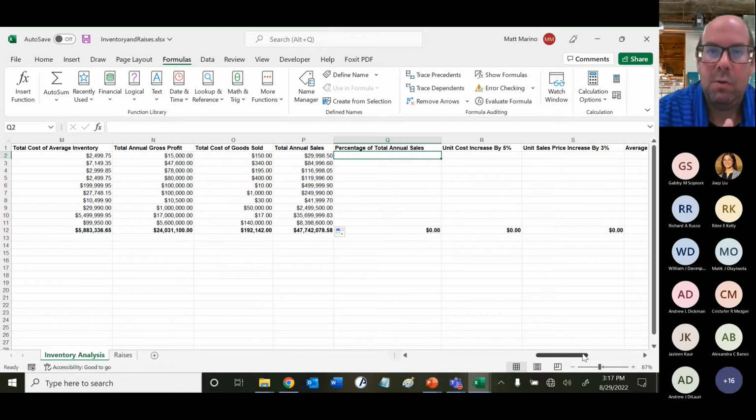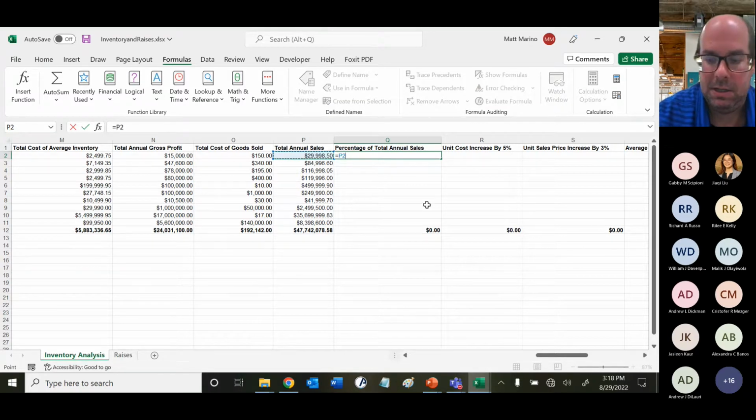So now in Q, we want to calculate our percentage of total annual sales. That's why we wanted all these totals here. So in this case, we're going to have to use what is called an absolute cell reference. In this first example, we do equals P2 divided by P12. But we make this an absolute so that when we autofill down, that does not change.